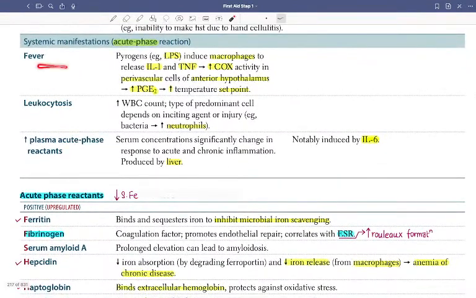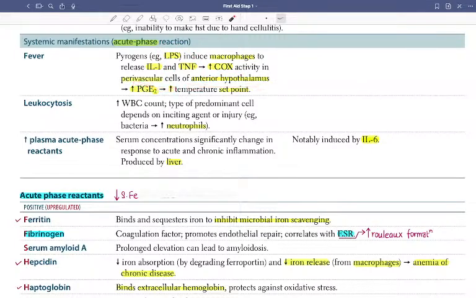So fever, important: pyrogens, LPS, induce macrophages, which secrete interleukin 1 and TNF, tumor necrosis factor, which increases COX activity in the perivascular cells of the anterior hypothalamus.